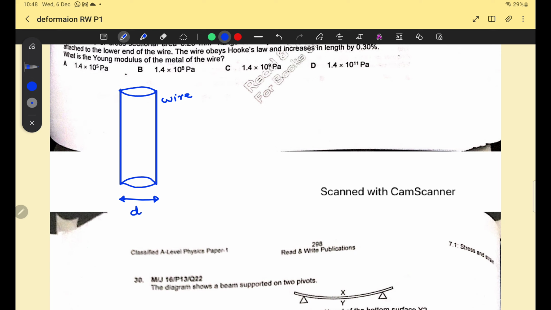If I ask you what is the area of this original wire, then you will say, sir, area is equal to pi d square upon 4. And now I am making another wire whose all dimensions are reduced by 1 upon 10. And if all dimensions are reduced by 1 upon 10, then obviously the diameter will be reduced to d upon 10. It is the model.